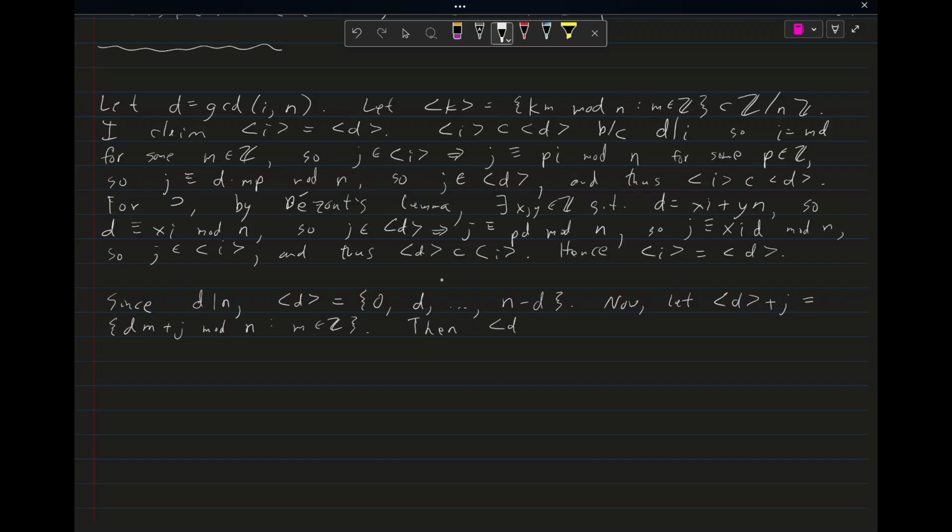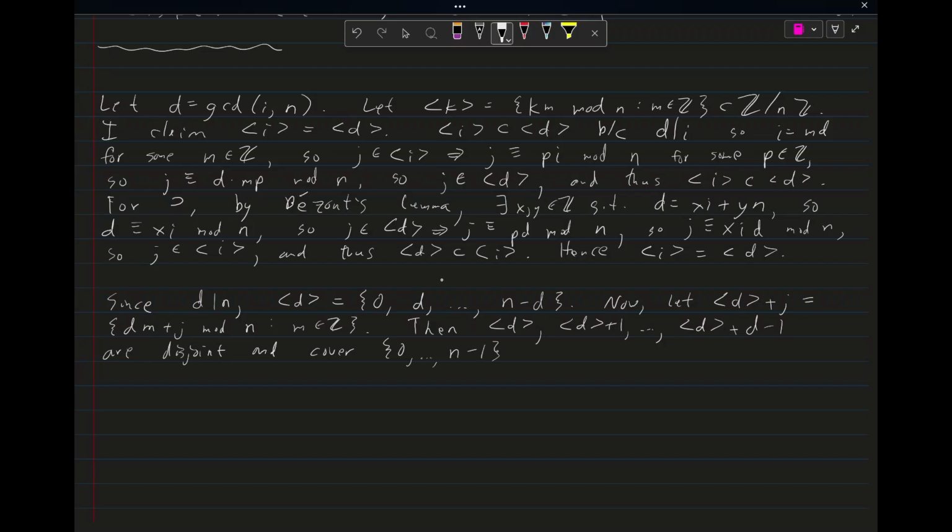Then these sets D, D plus 1, all the way up to D plus D minus 1, are disjoint and cover Z mod NZ. They cover all the integers from 0 all the way up to n minus 1.